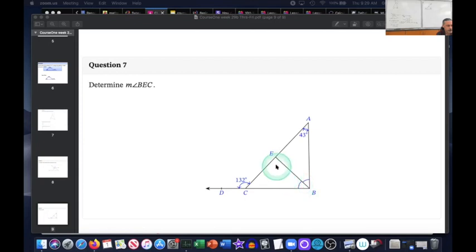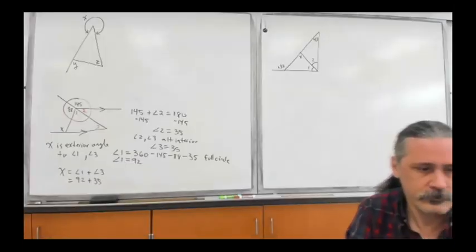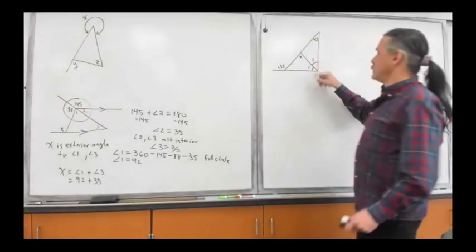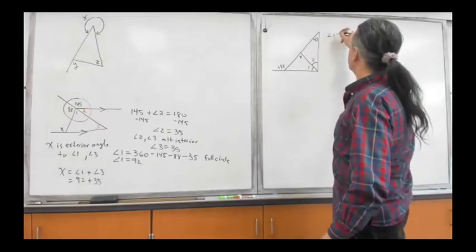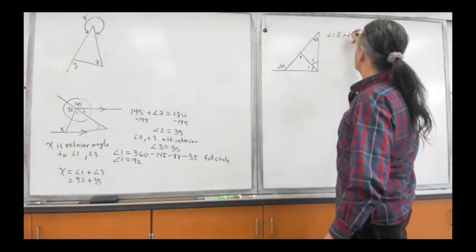And we want to find the angle here at BEC, which is the top part of the lower triangle. Okay, so I labeled those two angles 1 and 2, but we already know angle 1 and angle 2 are congruent. So they're the same.